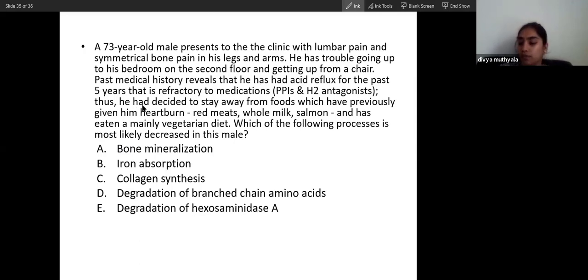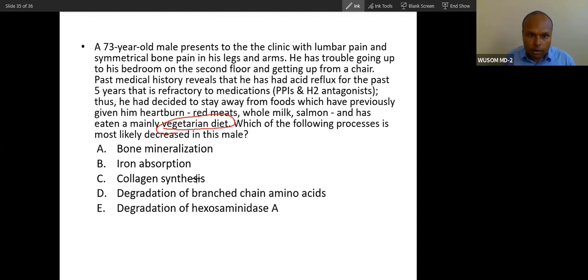See the heartburn, vegetarian diet, you can see. This is vitamin B12 deficiency. Which of the following processes is most likely decreased in this male? Iron absorption?